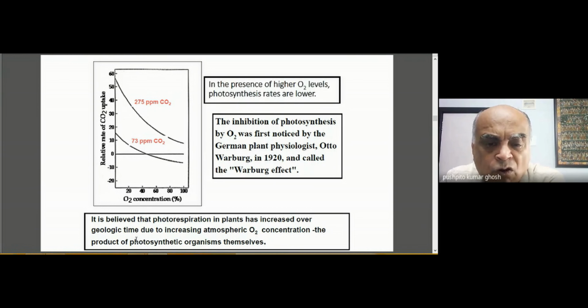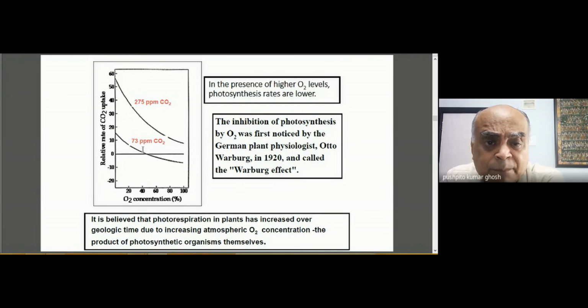So as the oxygen increased, photorespiration became more and more pronounced, and therefore the overall relative rate of photosynthesis actually came down with the increase in oxygen in the atmosphere. So it was not all a good thing; too much oxygen in the atmosphere can actually be detrimental. So keep that in mind.